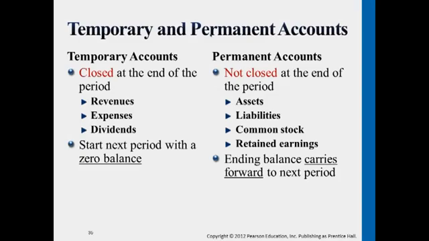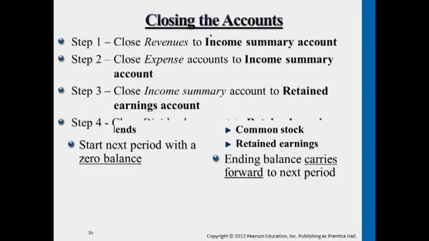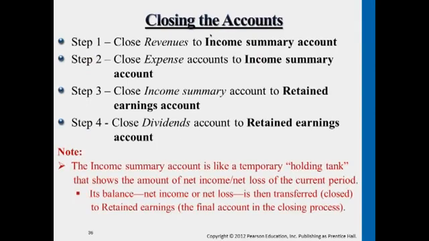Let's move forward in terms of the detailed process, how we actually do this. In order to close accounts, what closing accounts means is that we want to zero out the balances. Okay, so the goal here is to make sure that the normal balance side for these temporary accounts has a zero at the end.